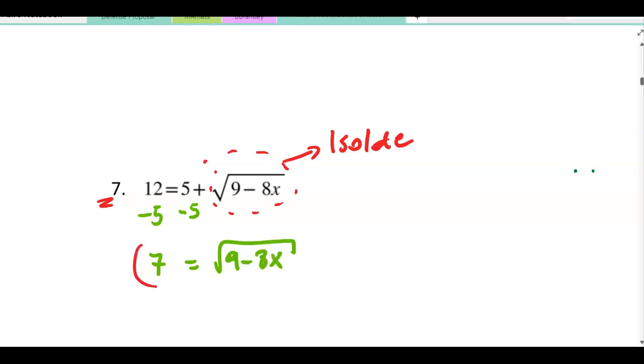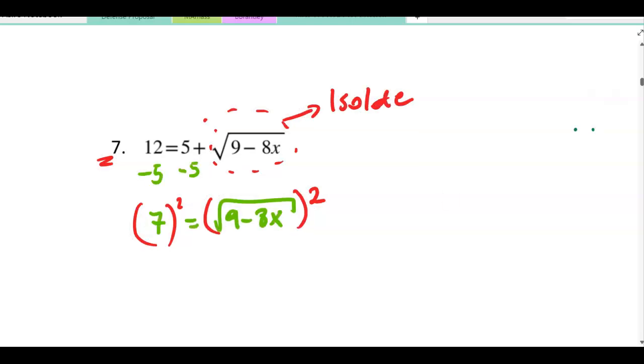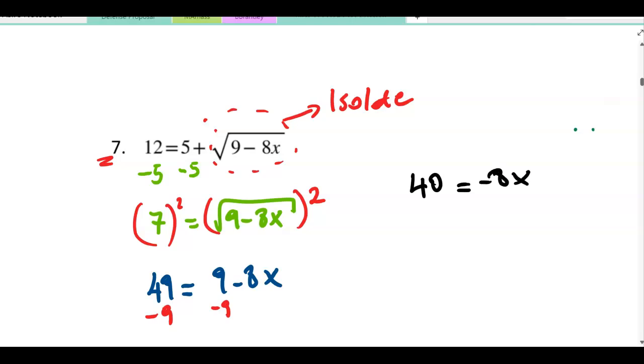Now I can take the square of both sides. That is going to give me 7 squared is 49, and the square root will lift off. Then we're solving a regular equation, if you will. So subtract 9 on both sides, and we're going to have 40 equals negative 8x. If we divide both sides by negative 8, then x will be equal to negative 5.